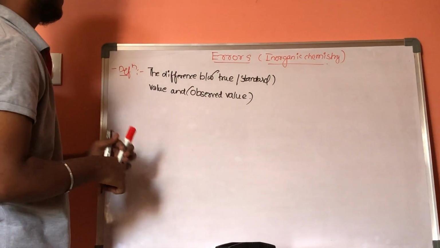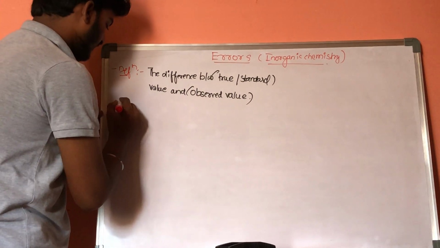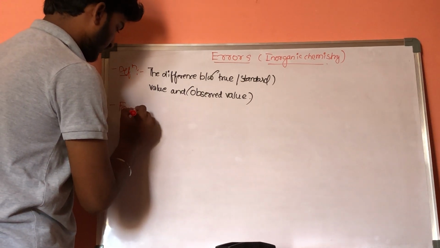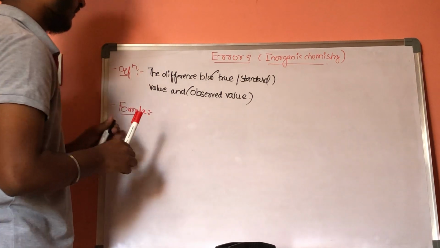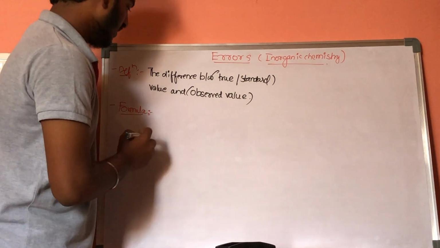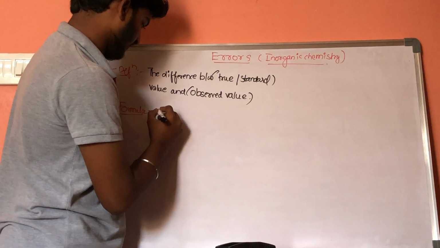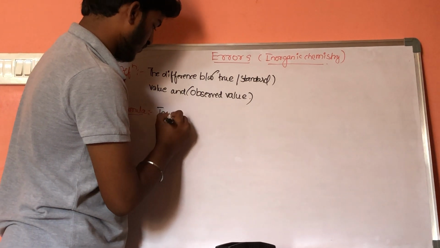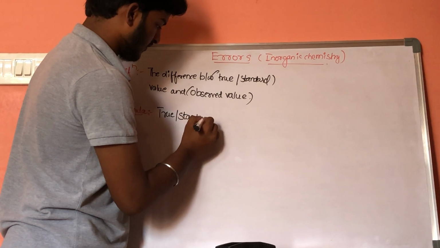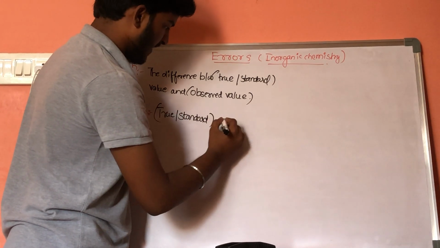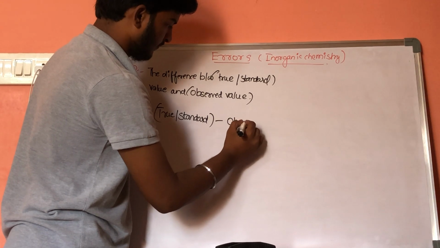Now, the formula. The formula for this is true or standard value minus observed value.